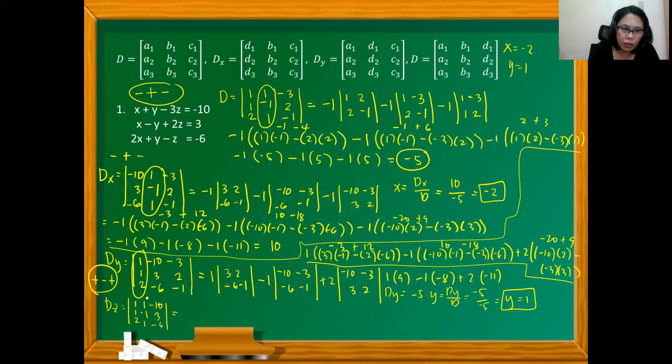So let's consider the second column here. So we have negative of 1 times its minor. So we will eliminate this and this. So there remains 1, 3, 2, -6.